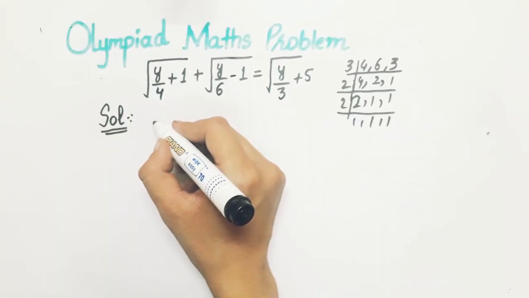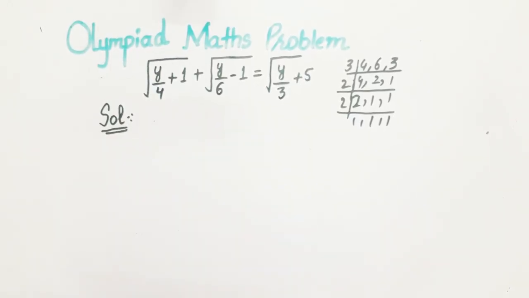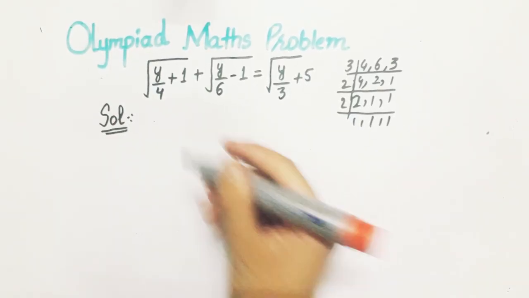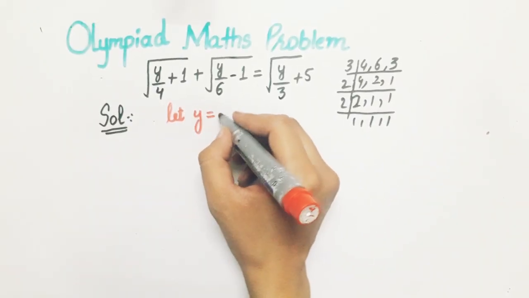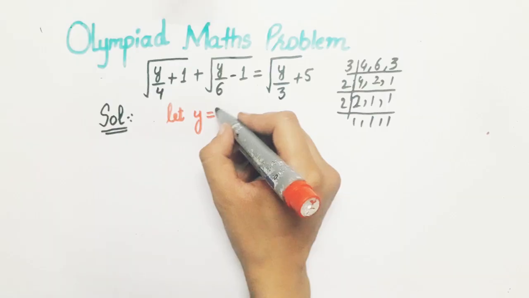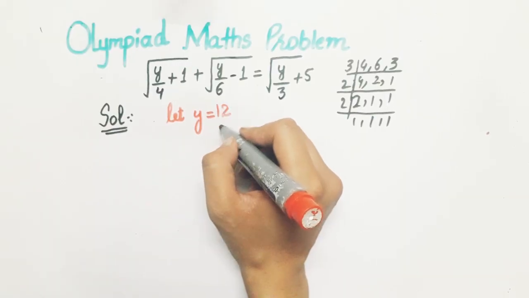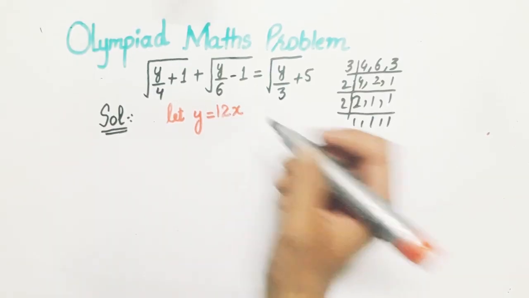So we will make a supposition here. Let y equal 12 times x.